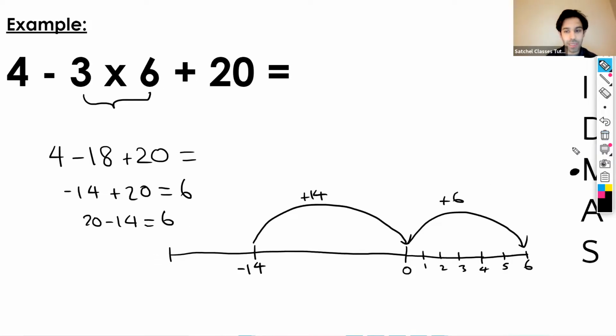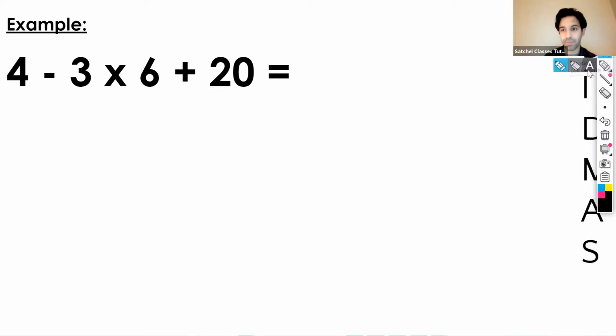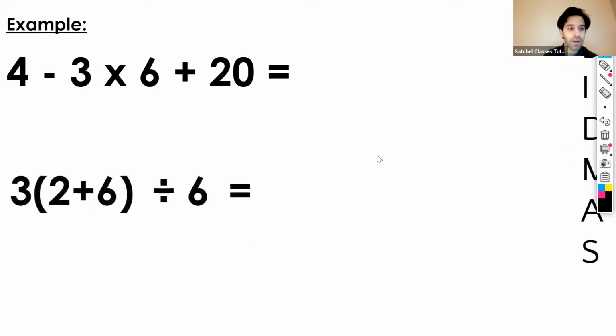All right, so let's do another example. So now we have brackets. So we said BIDMAS, so the first operation we need to look at is the brackets. So this would be 3 in brackets, 8 divided by 6. Now notice this 3 next to the brackets.